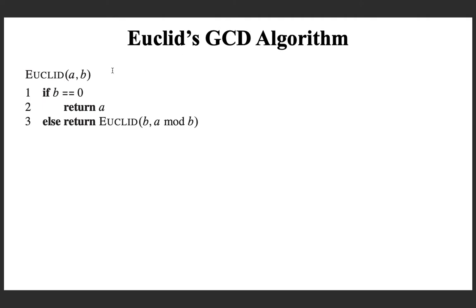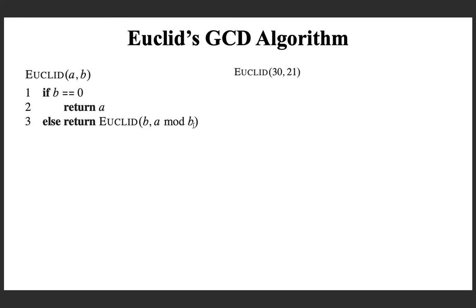We know that GCD of A and B when B is equal to 0 is A. So that is the escape condition for this recursion, and otherwise you just apply theorem 3 that we just proved. GCD of A and B is GCD of the second argument comma first argument mod second argument. So that is the algorithm. The algorithm is very simple to look at, but to have this algorithm we need theorem 3.